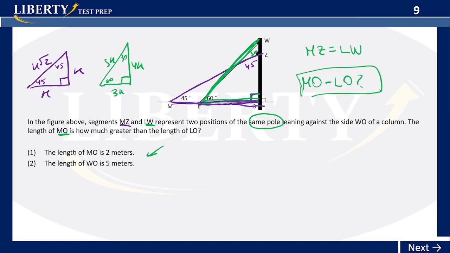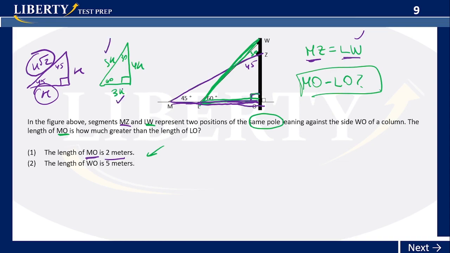Okay. The length of MO is 2 meters. So they give me MO. They're giving me K. K is MO. With that, we can get the hypotenuse, and the hypotenuse would be MZ, and MZ is the same as LW. So we would also get LW. If we have the hypotenuse LW, we can get the other side.